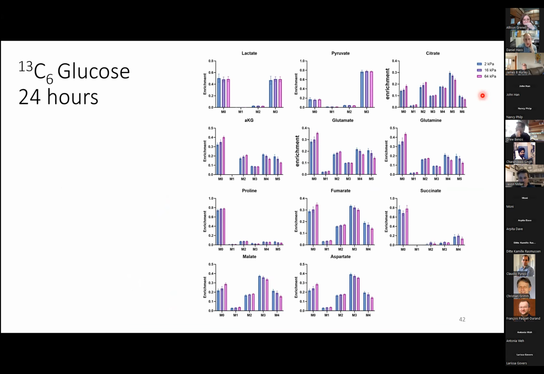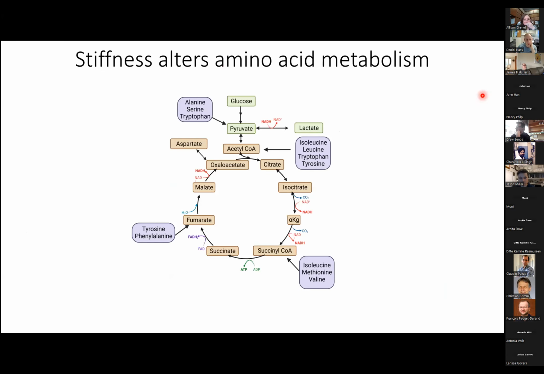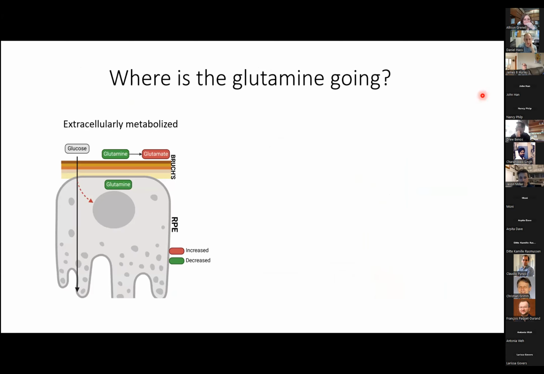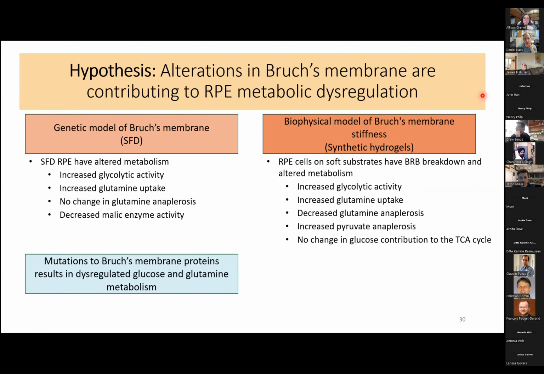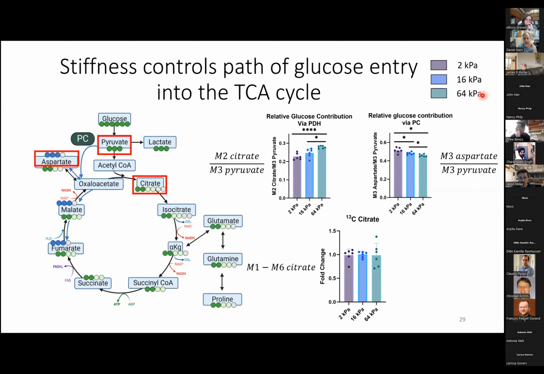Okay. I'm just wondering if everything is so well enriched that you don't have a large dynamic range to see changes that might exist. Everything is so enriched. You may want to have an earlier time point in addition to this.